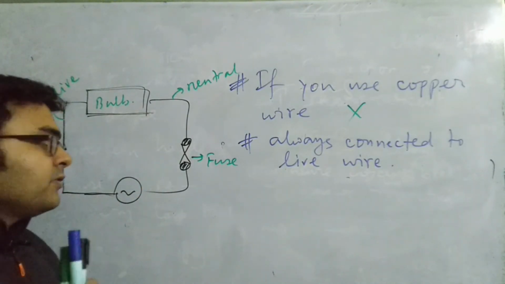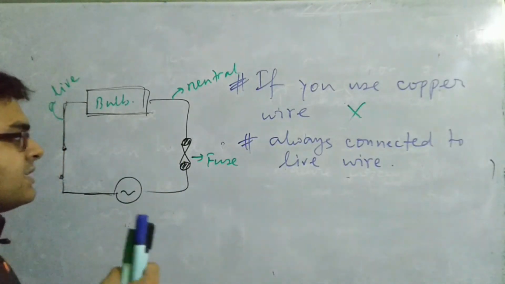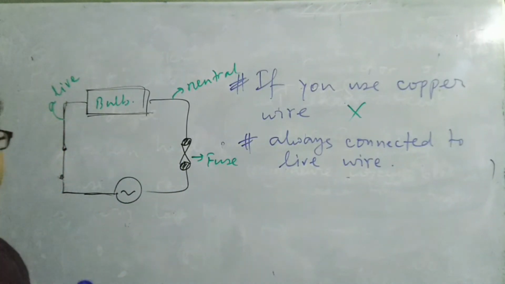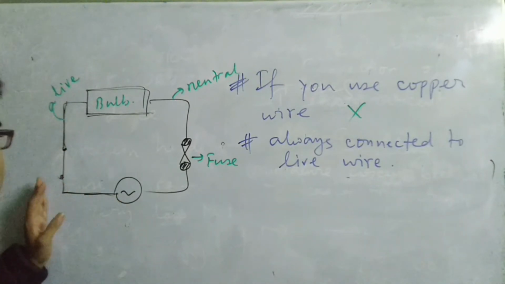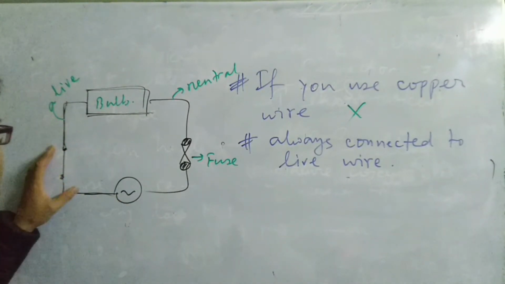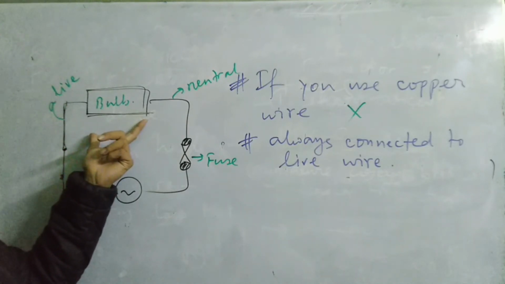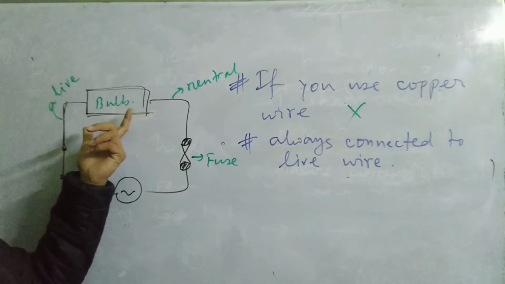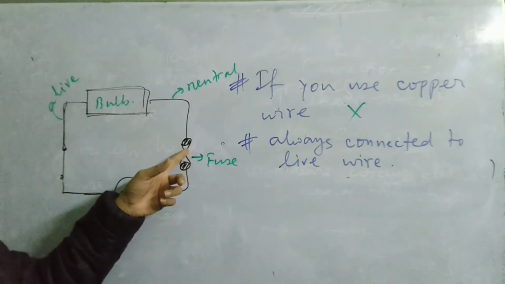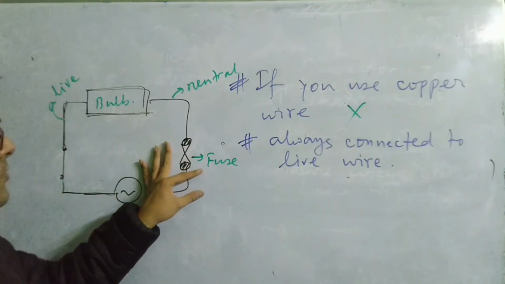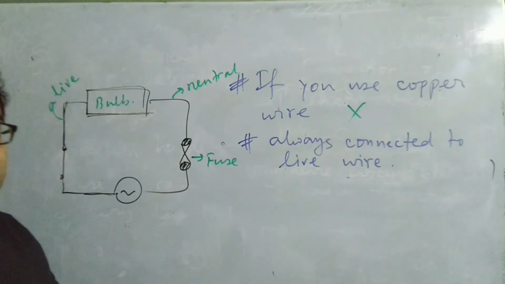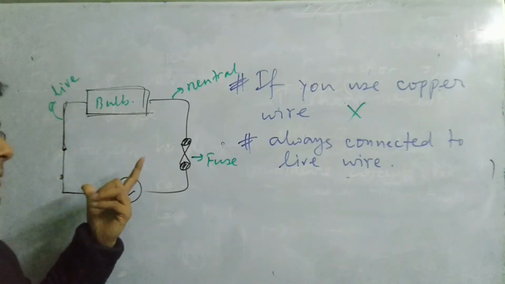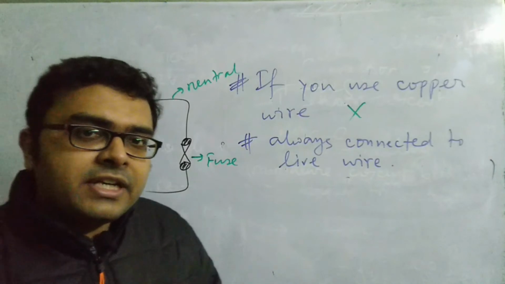So if the fuse is connected to the neutral wire, what happens? Suddenly, say due to a faulty condition, high current starts flowing in the circuit. The high current will easily flow through the live wire, move through the bulb and damage the bulb, and then it will pass to the neutral wire, and then the fuse will melt and disconnect the circuit. So what is the use then? Already the appliance that I am trying to protect has been damaged.